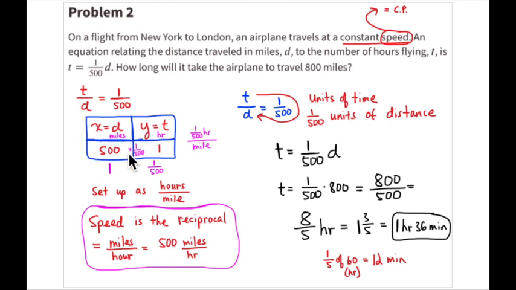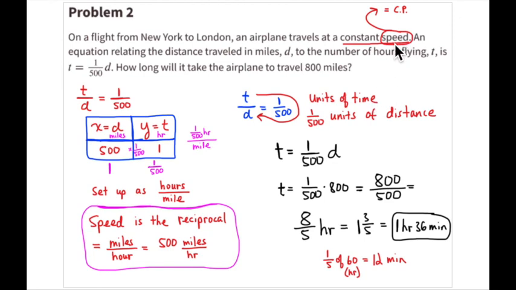So y over x, miles, 1 over 500. So it's 1/500th an hour per mile. So they set this up as hours per mile. Usually speed, and they say speed up here, speed is actually written as miles per hour. So they set it up the opposite way of what they're telling you. They're actually giving you the pace of the plane, which really doesn't make any sense.